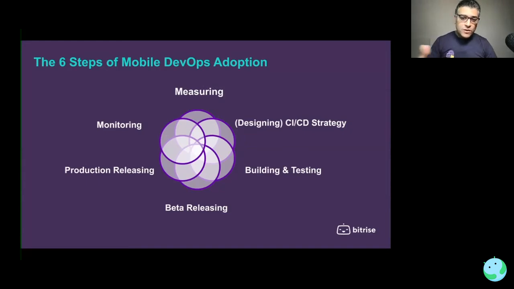We have beta releases, so we can release the application to the beta users. We start testing it, start monitoring the application, and then after that, if everything is okay, we can release to production. And then after we publish our application, we can start monitoring it, like checking the application performance, and checking if there are any app crashes, so we can jump in directly and fix it if we can from the back end.